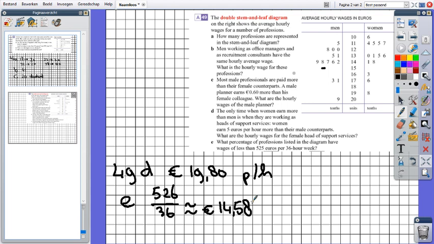Right? So now, what percentage of professions listed in the diagram have wages less than this? And remember, again, I don't think the question is very clear about this. But I should take a look at the column of the women, because they, unfortunately, earn a bit less per hour.